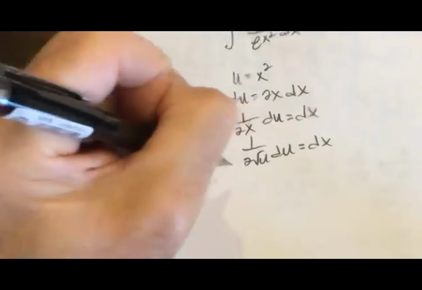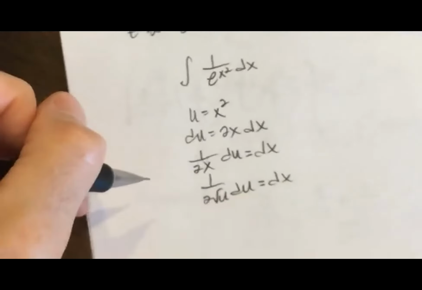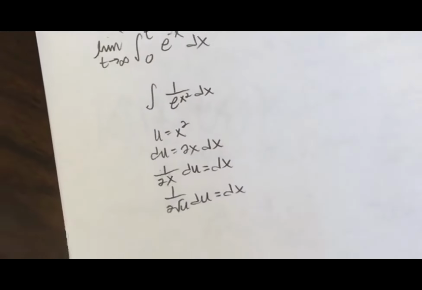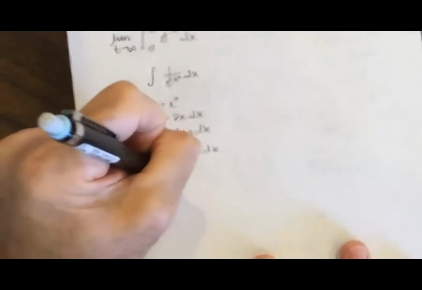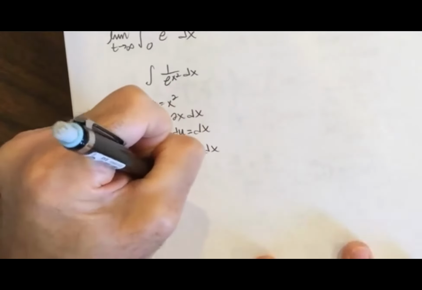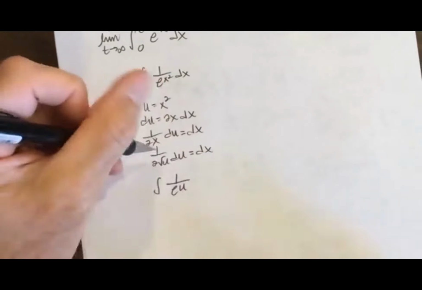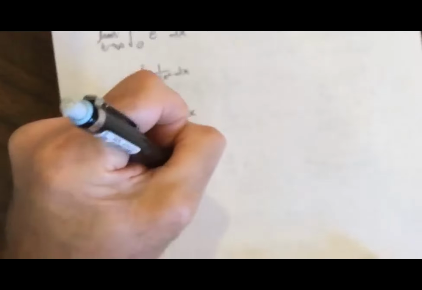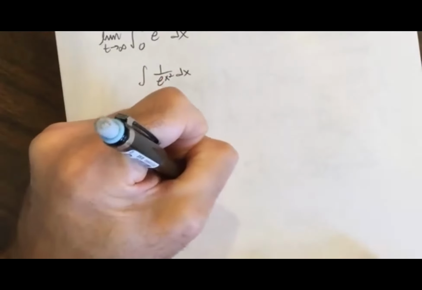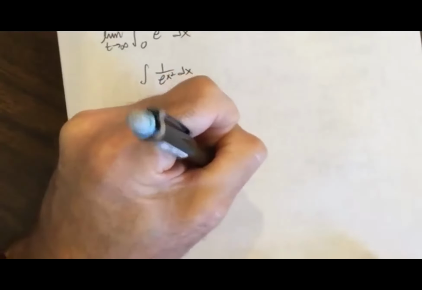So substituting, maybe I'm going to go a little bit smaller. Okay, so we get 1 over e to the u, and then dx is 1 over 2 root u du.